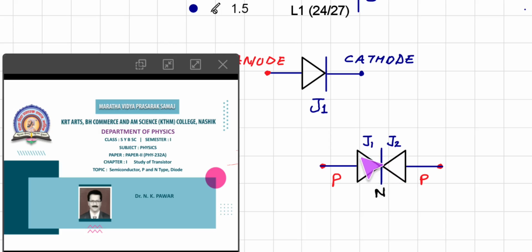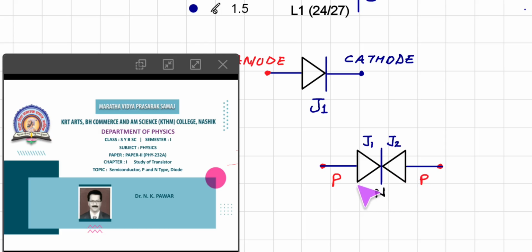There is one junction between this P and the central N, and this junction J2 is between the cathode and another anode. So there are two junctions and we get one terminal, a second terminal and a third terminal. They are treated as emitter, base and collector. This is the basic idea of understanding the transistor.